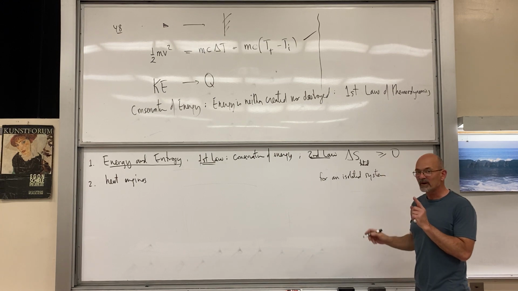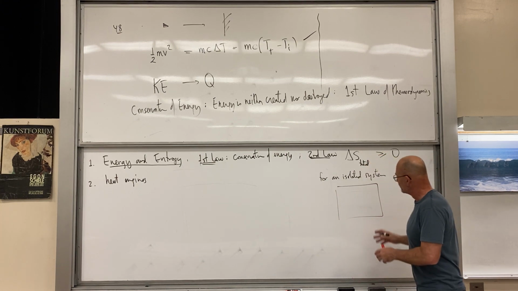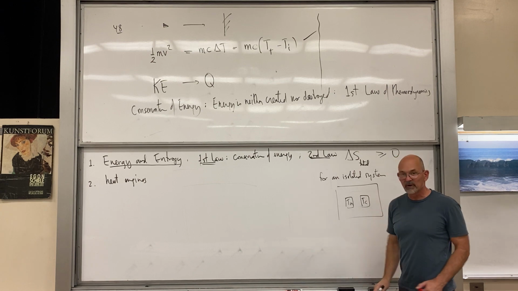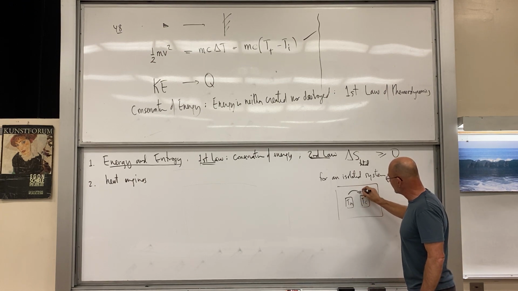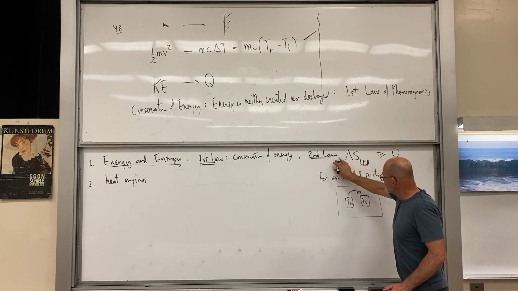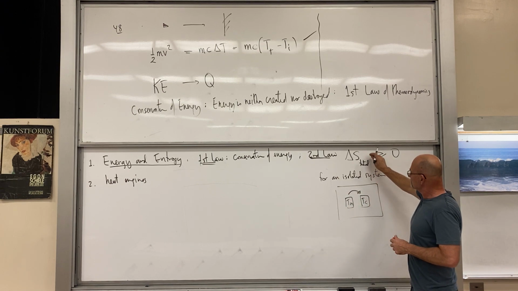And that's why our example was that we drop into a perfectly insulated cooler something that's hotter, something that's colder. Eventually the temperature's going to equalize. Energy is going to flow from the hot to the cold. So this also includes the direction of heat flow from hot to cold.